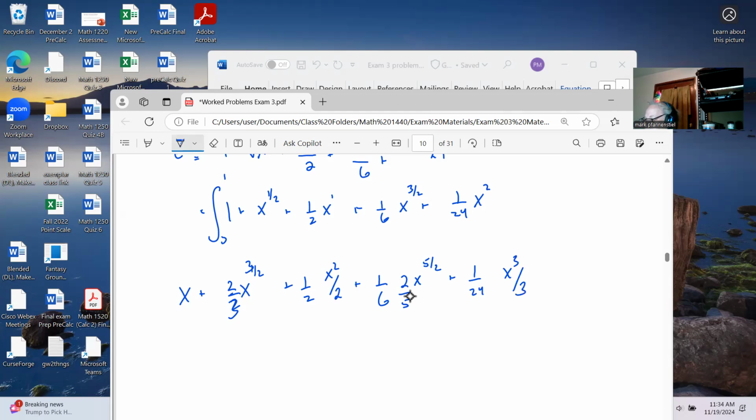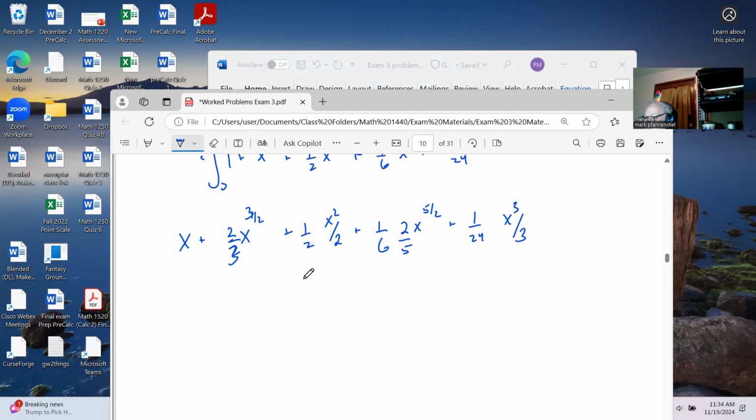Okay, let's clean this up a little bit. So we just have x plus 2/3 x to the 3 halves plus 1/4 x squared plus 2 over 30 x to the 5 halves plus, 3 times 24 is going to be, 1 over 72 x cubed.